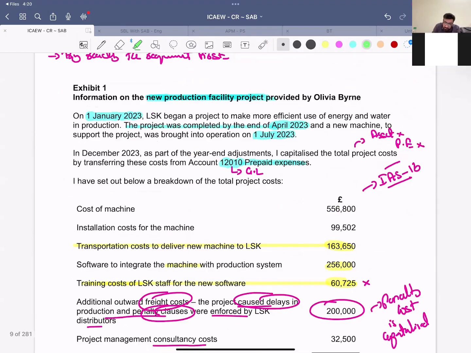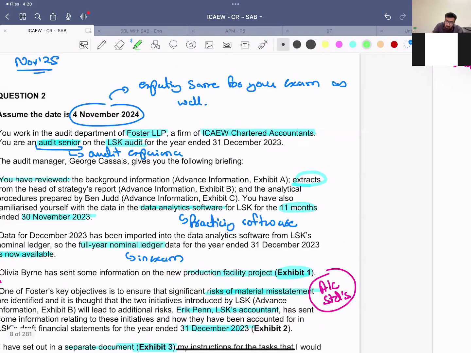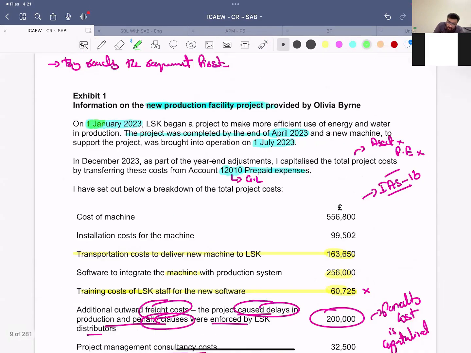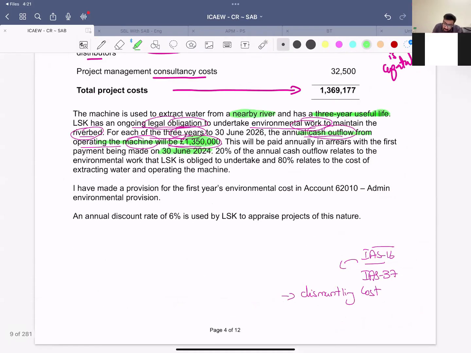Today's date was 4 November 2024. This story started on 1 January and ended in April. So on 30th June 2024, we have to start paying this dismantling cost, right? 20% of the annual cash outflow relates to environmental work, and LSK is obliged to undertake it. 80% relates to the cost of extracting water and operating the machine.